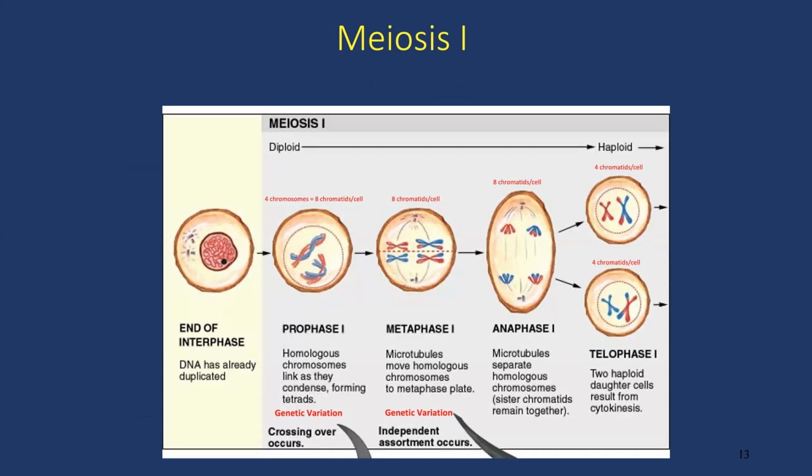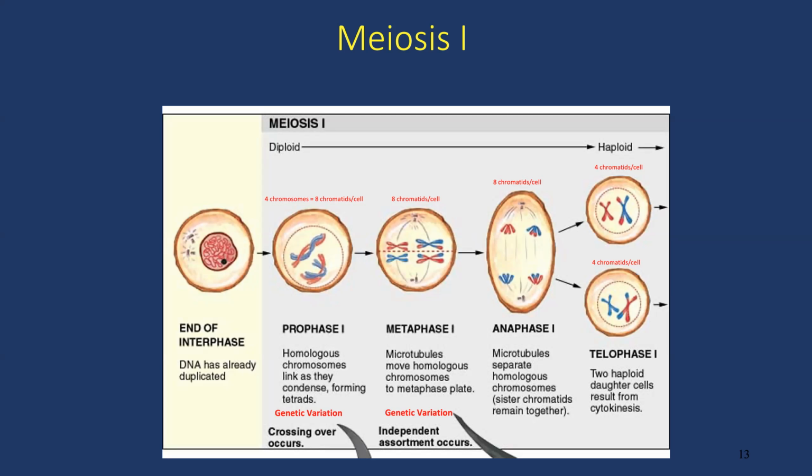And so the first set of cell divisions is called meiosis 1, because it's the first of two divisions. At the top there, it says diploid. It starts with a diploid number of chromosomes, and at the end of the first cell division, it's haploid.